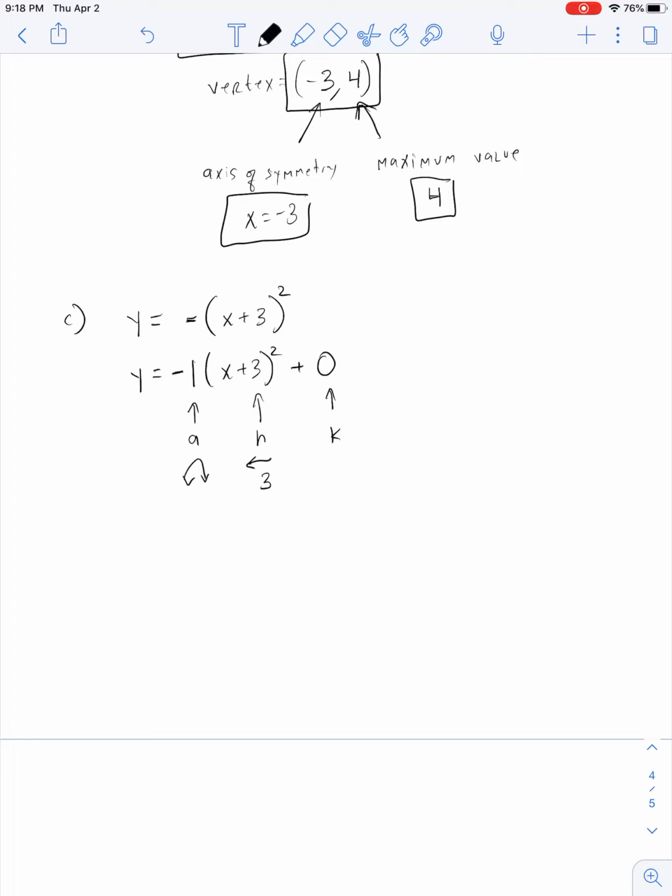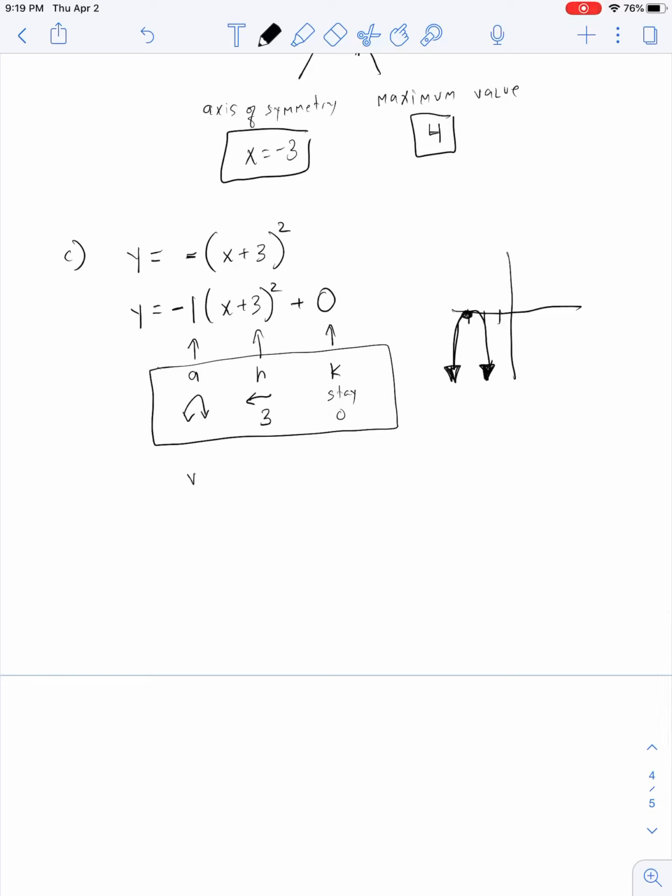It just stays at 0. So we go to the left, 1, 2, 3. We don't go up, we don't go down, we just stay there, and it's going to go down. So again, all we're doing is sketching. It's definitely not exact yet. We'll take a look at some exact ones shortly.